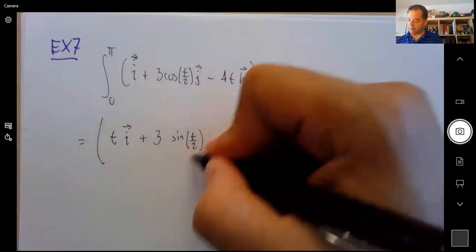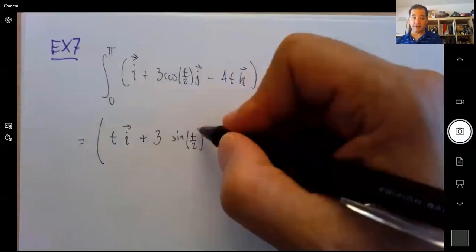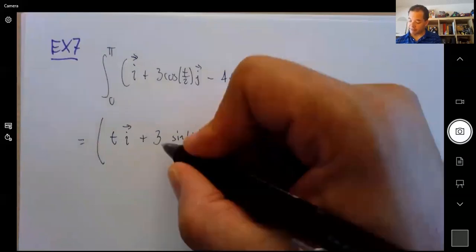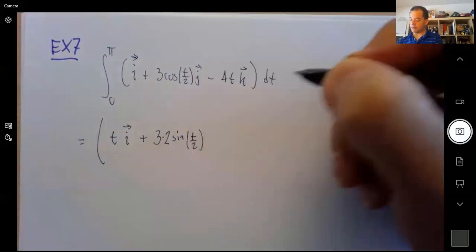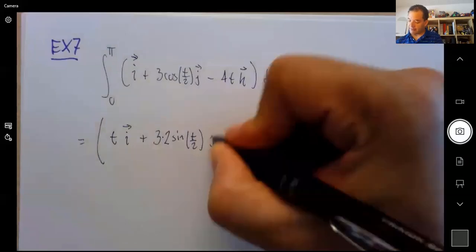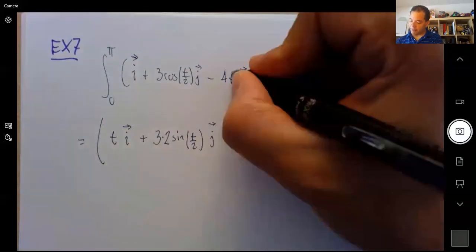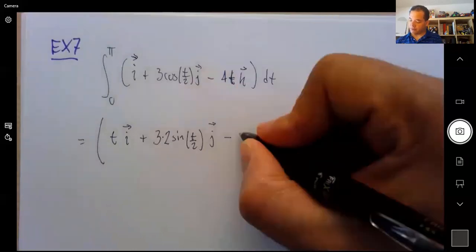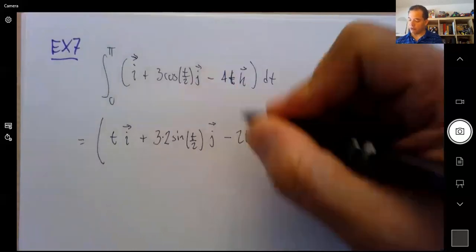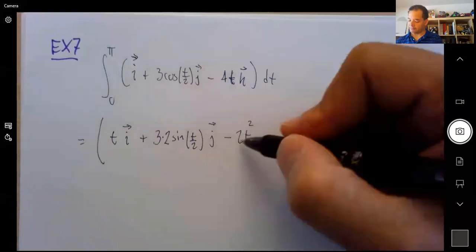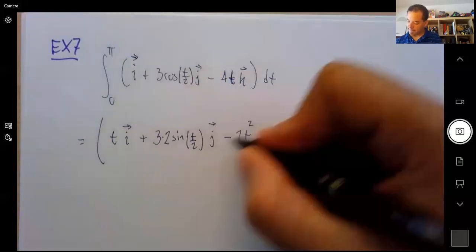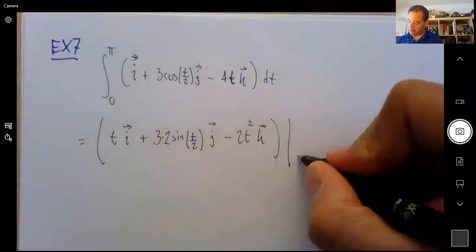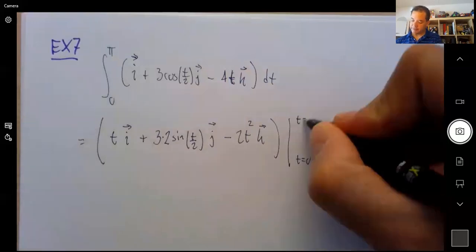But then when I take the derivative of this, the derivative of t over 2 will have a 1/2. So to kill that 1/2, I need to multiply by 2. And that's the j part. And then for the k part, the integral of 4t, that's 2t squared, or 4t squared over 2. Okay. And we evaluate this from t equals 0 to t equals pi.